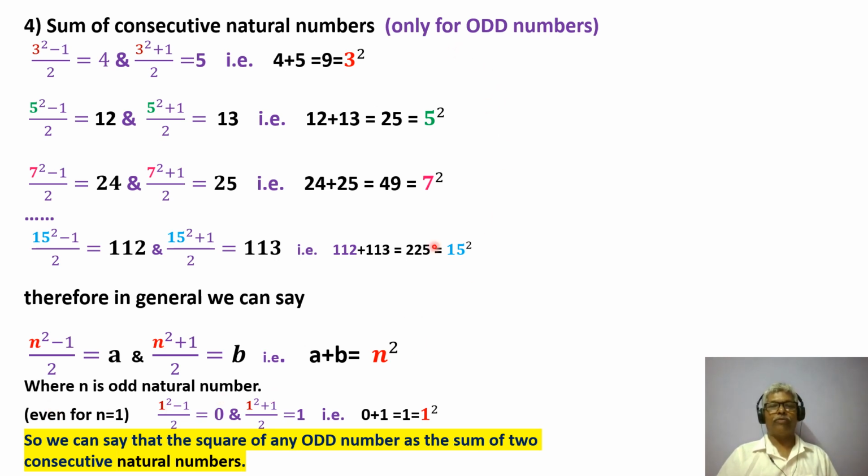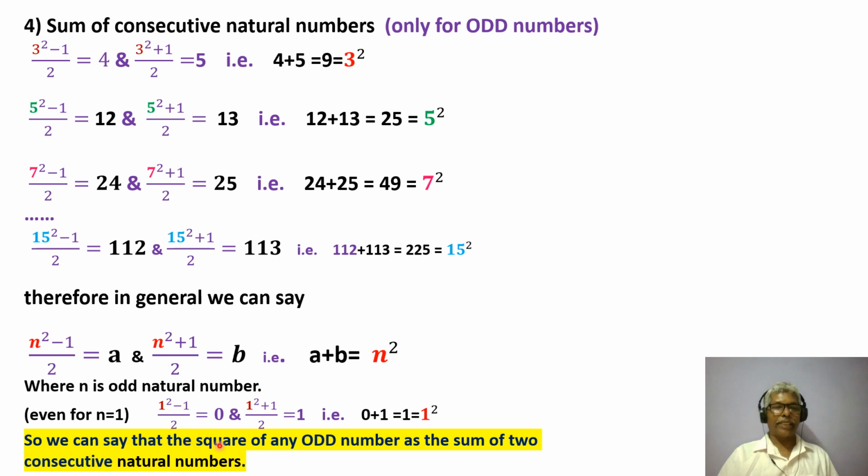Okay, so let us check for 1. 1 is also an odd number. Check this equation for 1: 1 square minus 1 upon 2 is 0. 1 square plus 1 upon 2 is 1. That is 0 plus 1 is 1, that is 1 square. It is true for 1 also. Okay, then we tabulate in this form.